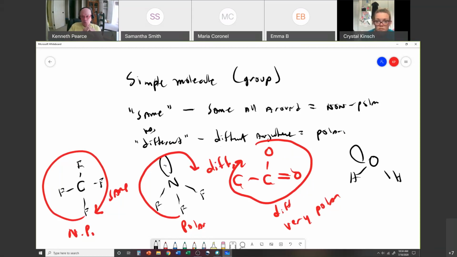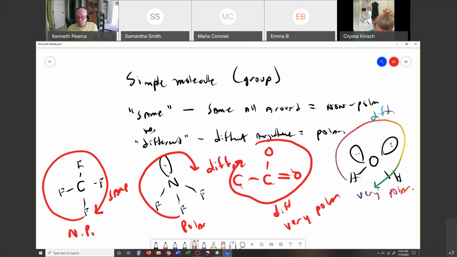Here's water if you do the Lewis dot, which by the way is a bent molecule. What do you think, polar or non-polar? You look at this and you go, hey, I got this. Hydrogen, lone pair, hydrogen, different. Very polar. Same and different all the way around. It's an easy way of deciding whether something's polar or not. It's just to look around.